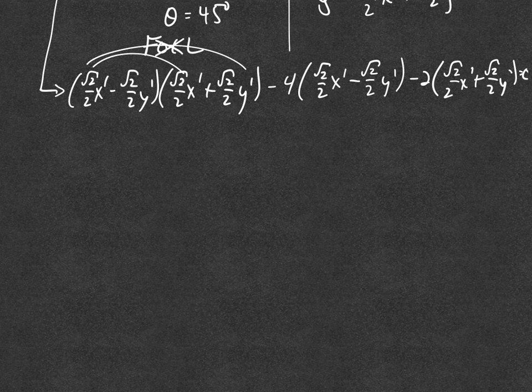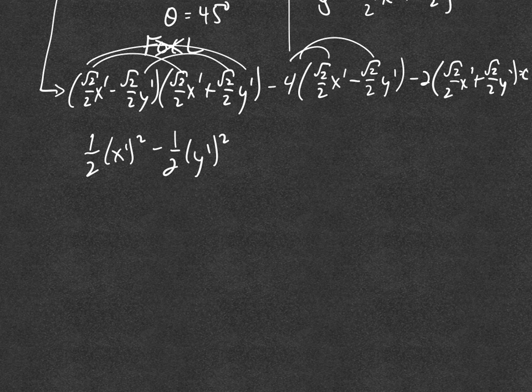Square root of 2 over 2 times the square root of 2 over 2, so that's going to be 1/2 x prime squared. And then the lasts. Negative square root of 2 over 2 times positive square root of 2 over 2 is going to be negative 1/2 y prime squared. All right, then a little distributive action here.